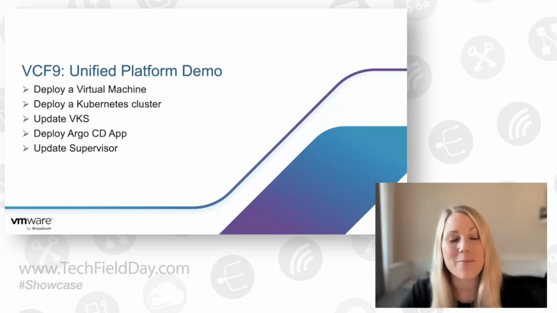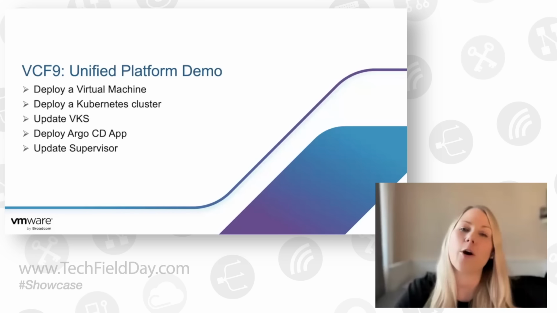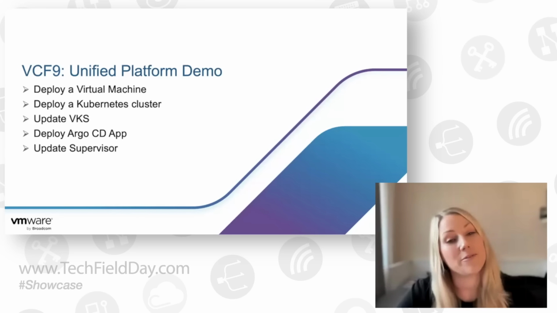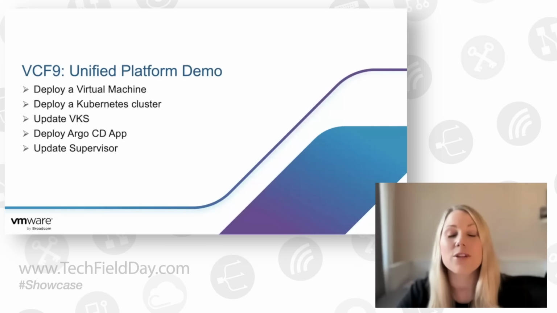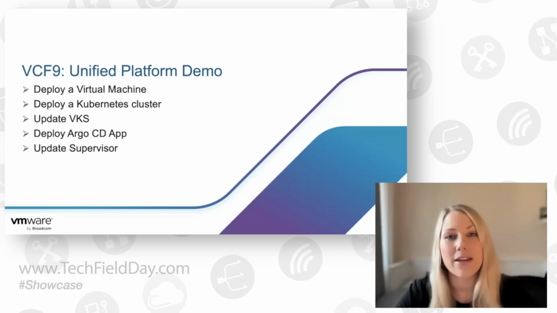And then we'll talk about something that's brand new, just recently introduced and very exciting, and that is our own GitOps service. What we have done is we have introduced Argo CD service into the platform to give you that continuous delivery. And we'll end with a little demo about updating the supervisor itself, because I want to show you how you can unlock this new functionality really easily on your platform.